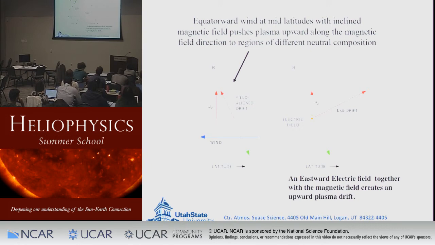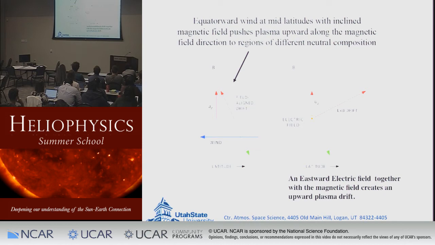Okay? If you drive it upwards, you're driving it into a lower density region. The recombination rates are less, so the plasma lasts longer. If you drive it downwards into a more dense region, the reactions go faster and your recombination rate goes faster. The plasma lives less time. Same for an electric field, an E cross B electric field.